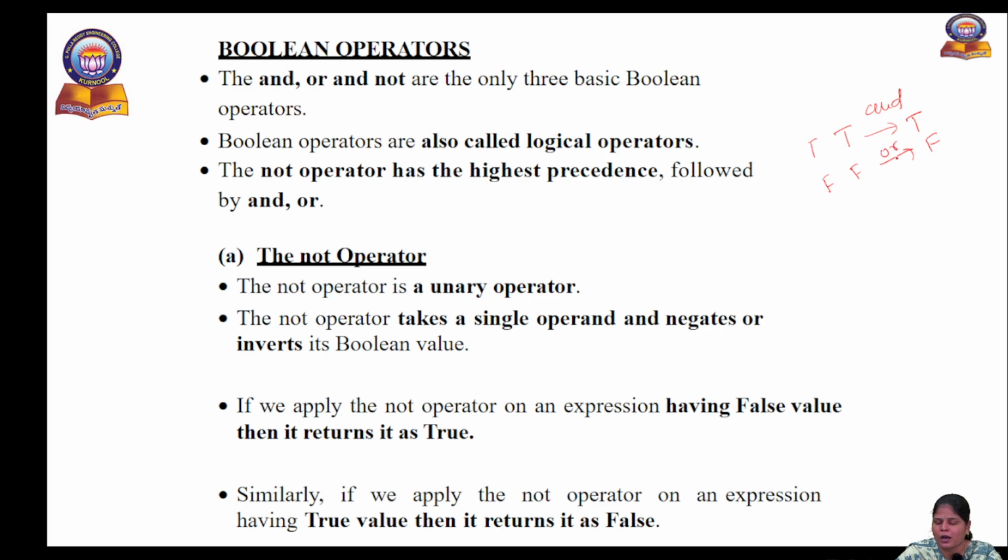This is for or. And coming to not, it is different to that of and and or. And and or are binary logical operators, where we are working with two operands at a time.